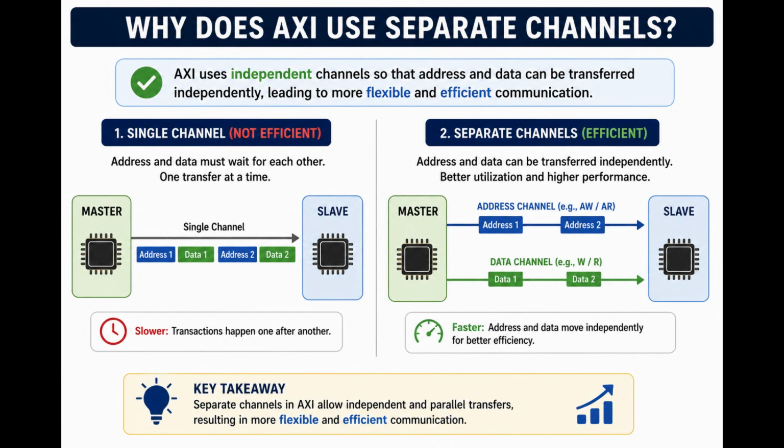Or, depending on when the slave is ready, the write data can be accepted independently from the write address. This means the address channel and the data channel do not have to wait for each other to complete their handshake at the exact same time. This independent communication makes AXI more flexible and helps improve overall performance.